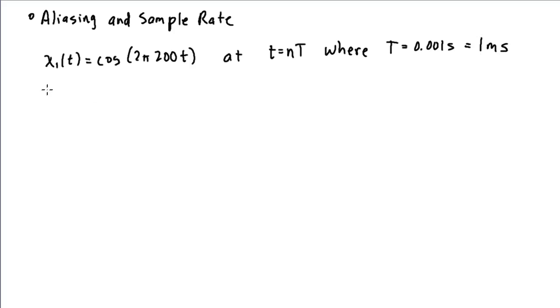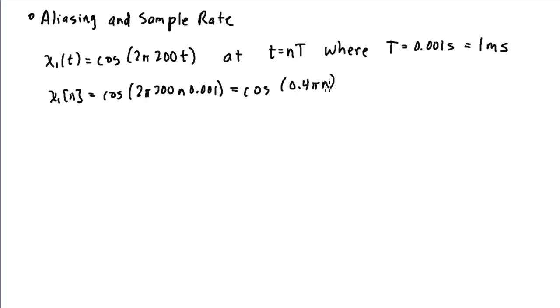And then the corresponding x1 of n sequence is, I make this substitution for t equal to nT, where T is 0.001, and so I'll get cosine of 2 pi 200 times n times 0.001, or cosine of 0.4 pi n.